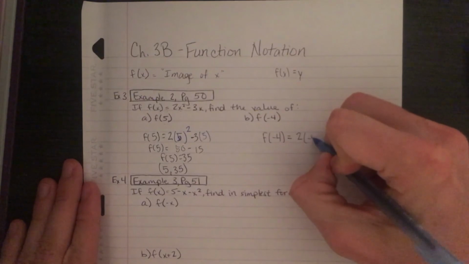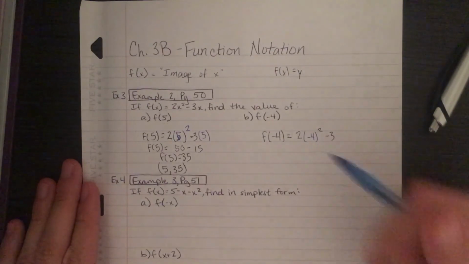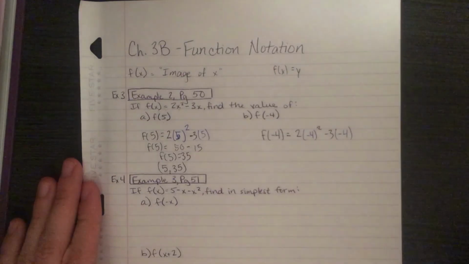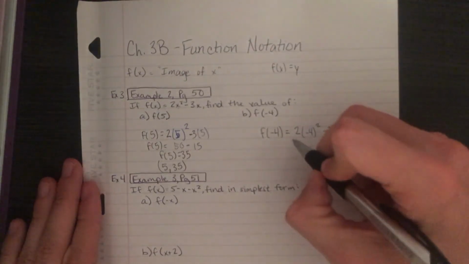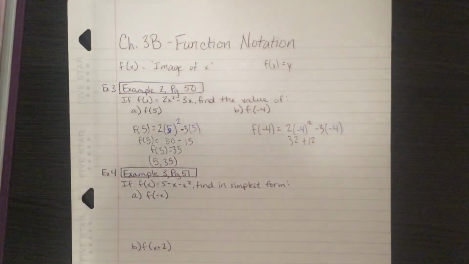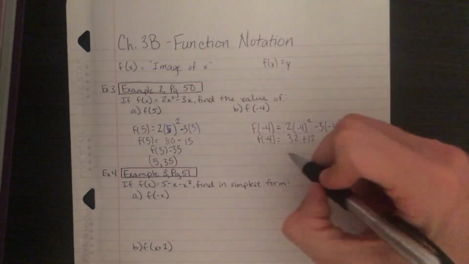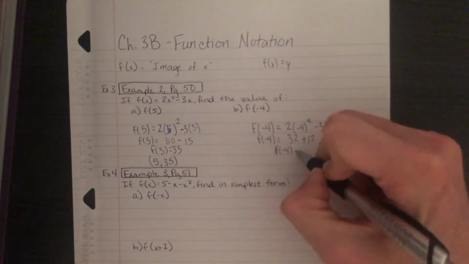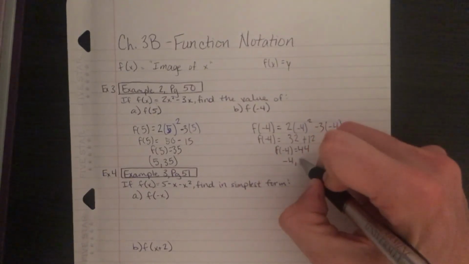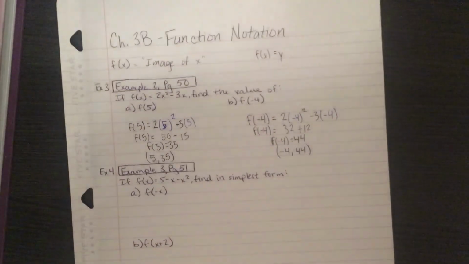So 2 times negative 4 getting squared, minus 3 times negative 4. So negative 4 squared is 16 times 2 is 32. That's going to be plus 12 there. So then f of negative 4 is going to be 44, and we can best represent that with the ordered pair (negative 4, 44). Just to keep that in mind.